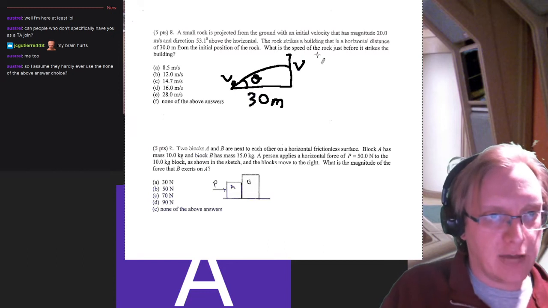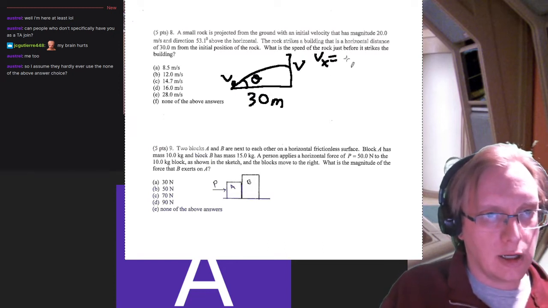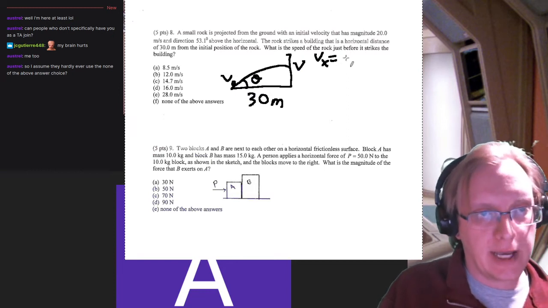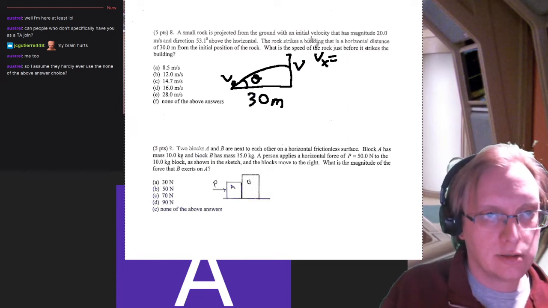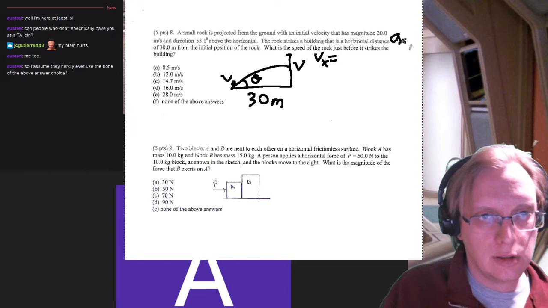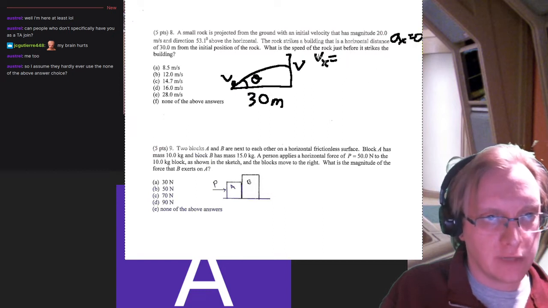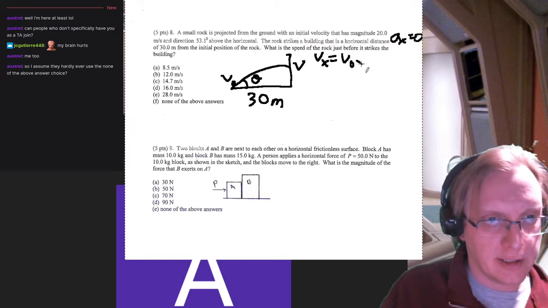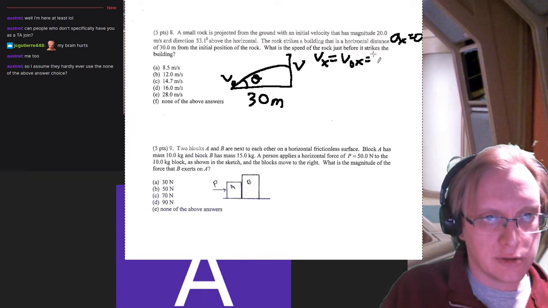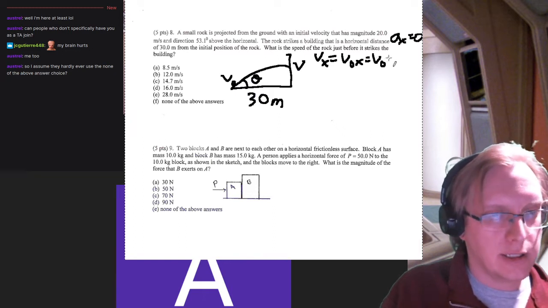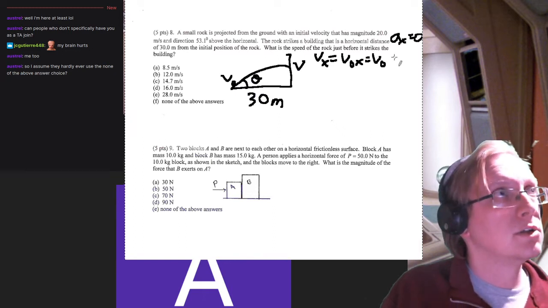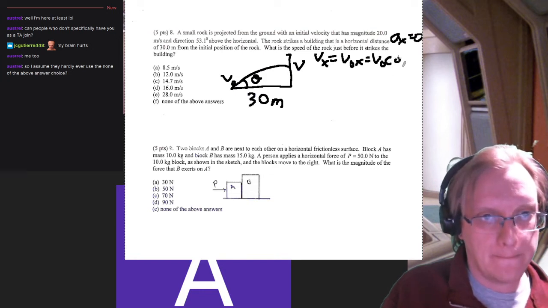Let's see here. So we have a Vx. We have our Ax equal to 0. Therefore, our Vx is equal to V naught x, and so that is V naught times the cosine theta.